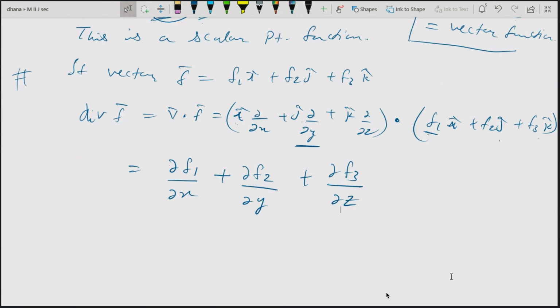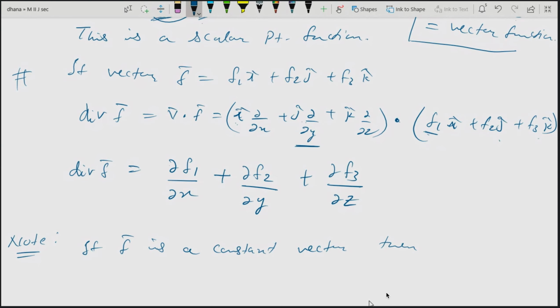Now, suppose F bar is a constant vector, then tell me what should be divergence of F bar? 0. Obviously, this part I am saying that this is a constant vector.